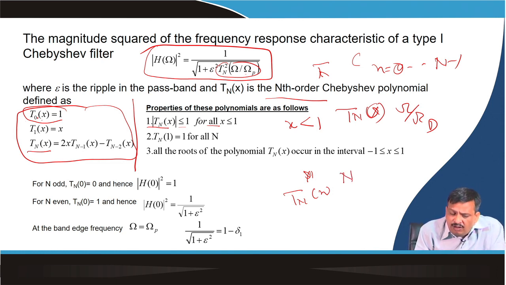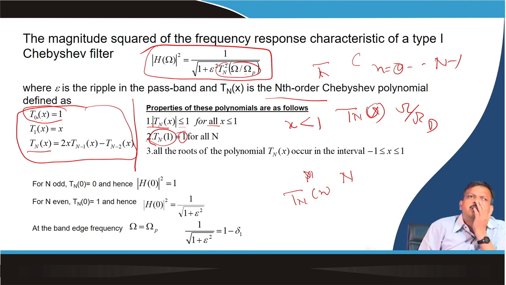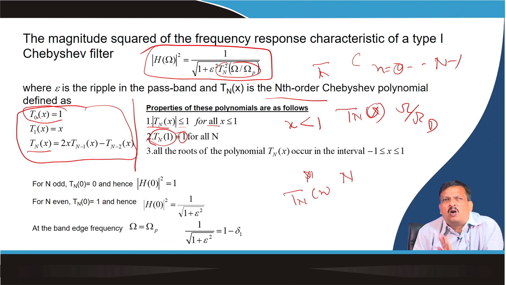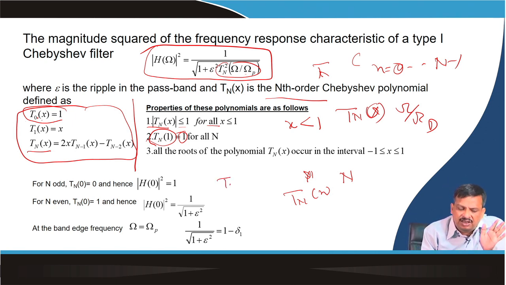If x equals 1, then Tn of 1 is nothing but 1. Maximum amplitude is 1 when x equals 1. So if x is less than 1, the polynomial value is also less than 1. If x is equal to 1, the polynomial value is 1 for all n, whether it is T0 of 1 or T1 of 1, it does not matter, it is always 1.